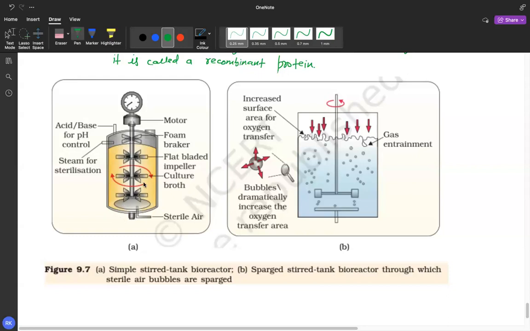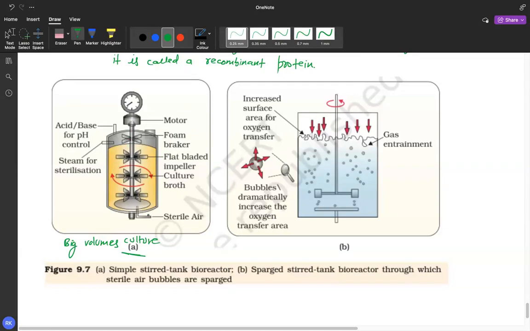Perfect. So this is where we make big volume cultures, 100 to 1000 liters cultures of the cell, host cell. Okay. So this is a simple bioreactor, and this is a more advanced bioreactor, B. So in case A, what you see here is there is a motor.